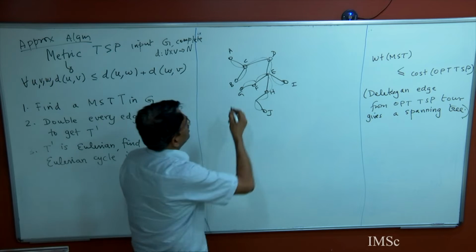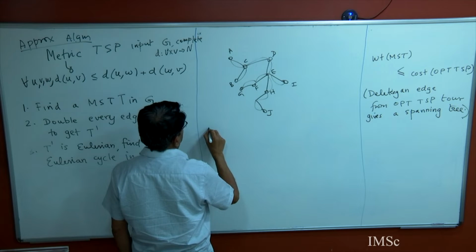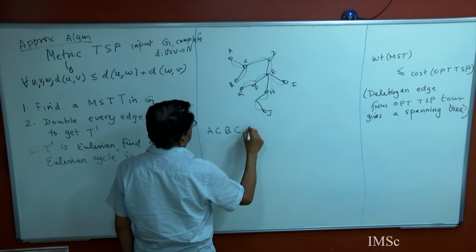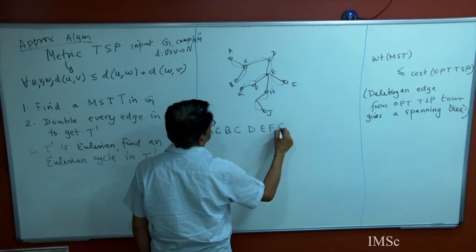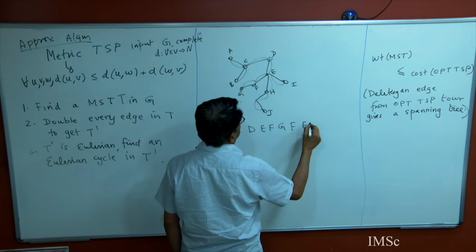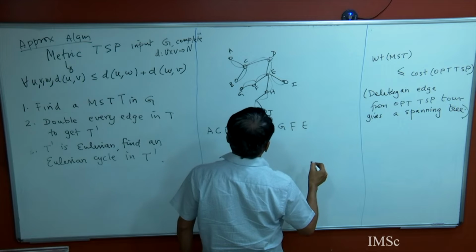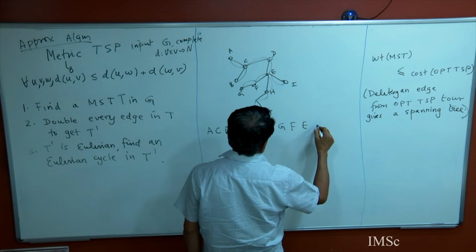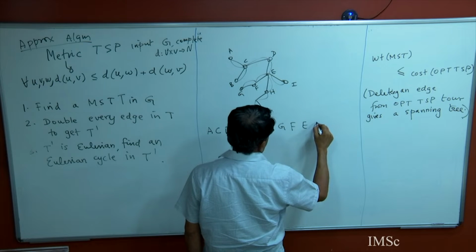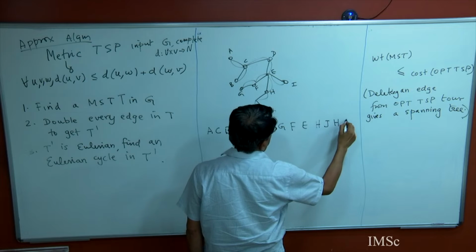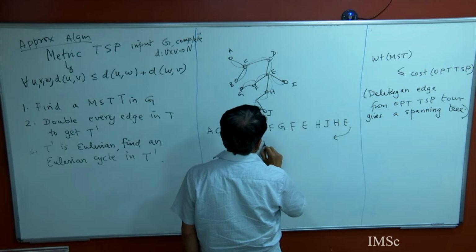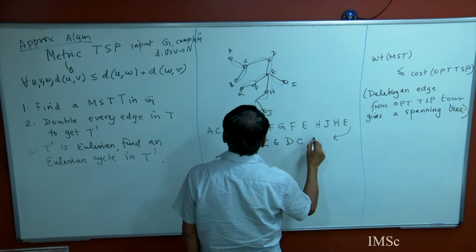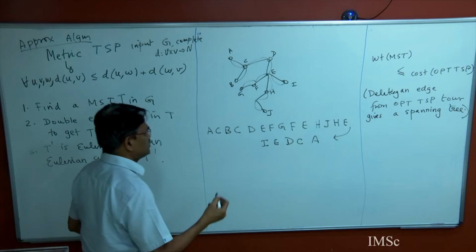So an Eulerian cycle in this would be like: start from A, C, B, C, D, E, F, G, F, E, H, J, H, E, and then I come back with I, E, D, C, A. I presume.